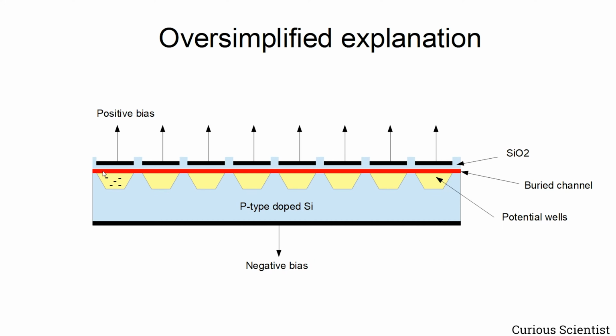For example, I just put this one single potential well with a few charges, and then if the positive bias on this side becomes more positive than here, then the charge starts to be transferred into this part. So then this potential well becomes empty, and this will store the charge of the previous potential well. And then we increase the bias of this third gate, so it will be higher than the second gate's bias, and therefore the charge which we have here will migrate here.